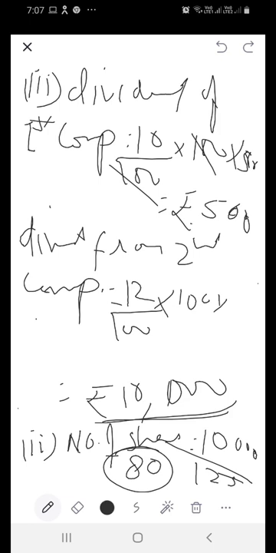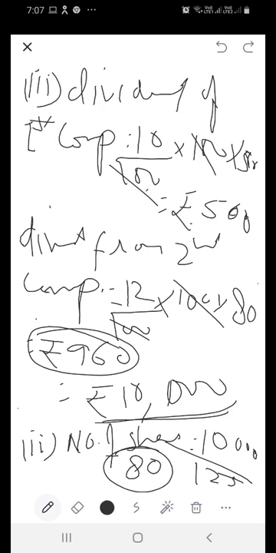Number of shares we calculated in the second part as 80. So how much dividend has he got from the second company? Rupees 960. And from the first company? 500. So it means he has increased his income by switching over from the first company to the second company.